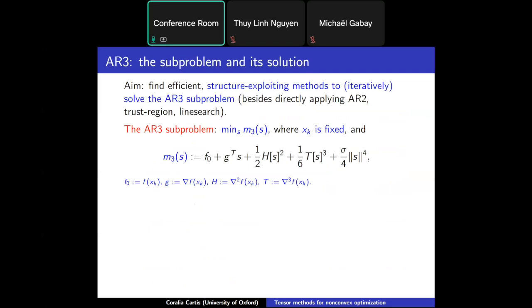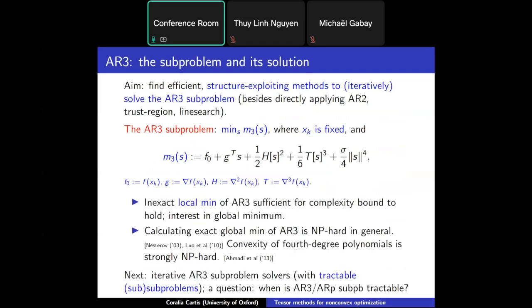So what do I know about the solution of this problem? For my algorithm, I only need local solutions, for my complexity bounds and my practical method. But if I could do global efficiently, sure, why not? So what do we know in terms of hardness? If sigma was 0, this is NP hard. If there is no sigma, this is NP hard.